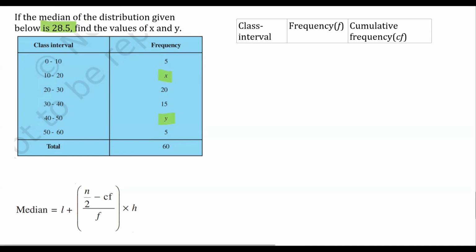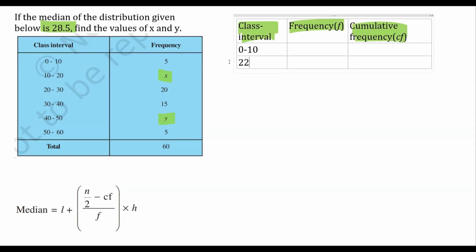Now, the steps remain the same: we first make a cumulative frequency distribution table. The first column, as you can see, will be the class interval, then frequency, and then the cumulative frequency. So if I make the table first, it is 0 to 10, then 10 to 20.